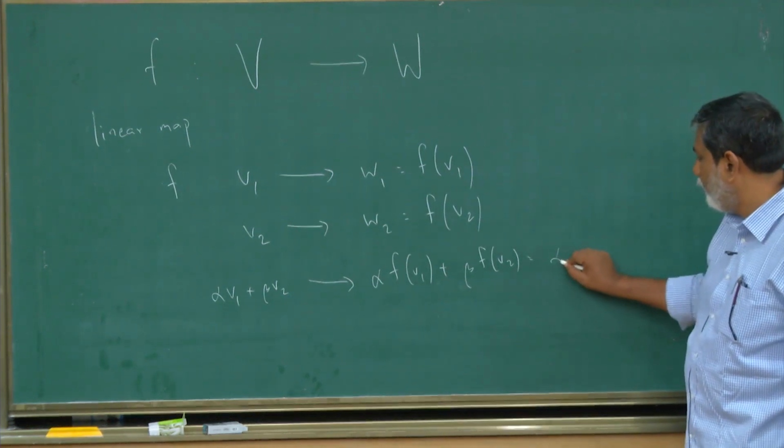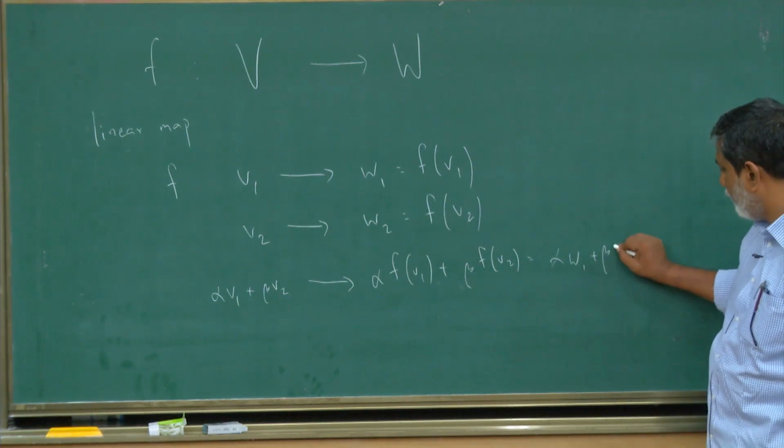And so the vector that you get to is alpha W1 plus beta W2.